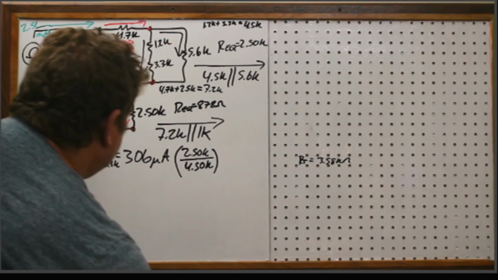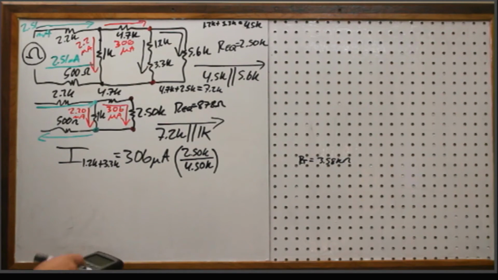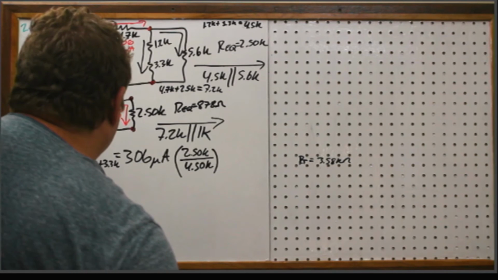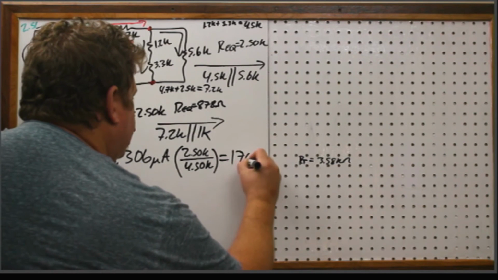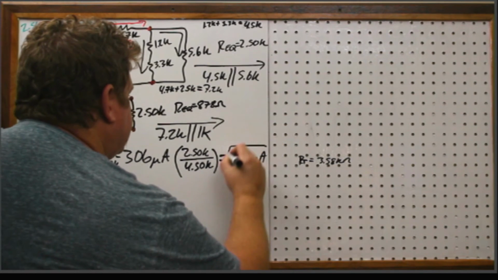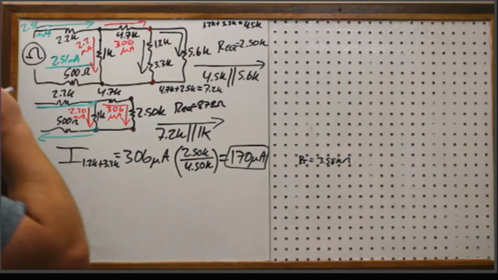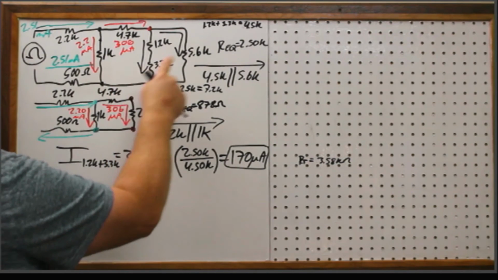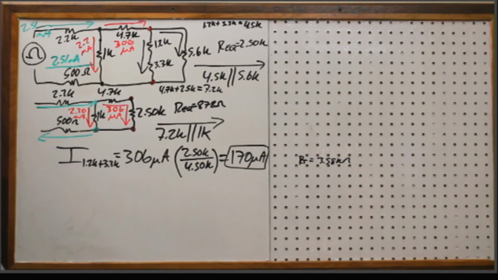Okay? So let's see what it is on that branch. 306 times 2.5 divided by 4.5. I get 170 microamps. Okay? Now, this one is smaller than this one, so I expect this next current to be smaller.